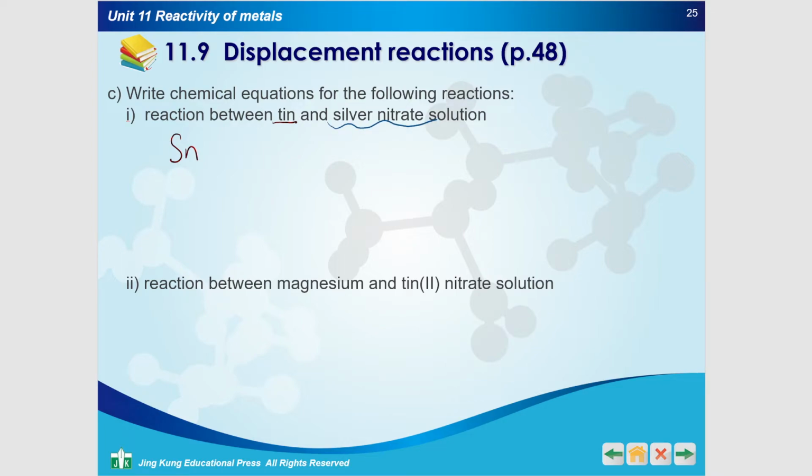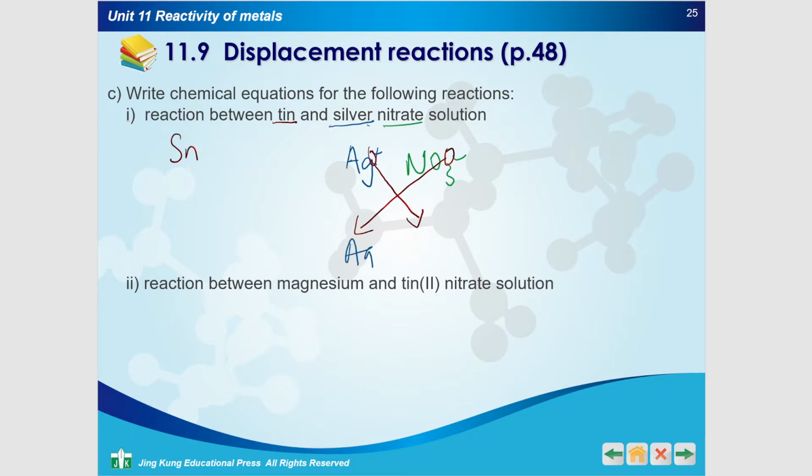I've taught this a couple of times now. First off, what you're going to do is you need to know what are the ions. So silver is Ag+, nitrate on the other hand, I'm going to use a different color, green. Nitrate is NO3-. So you're going to do the cross method. You look at the number and you bring it down to the other side if there is any number.